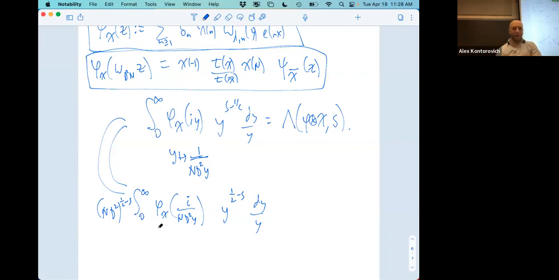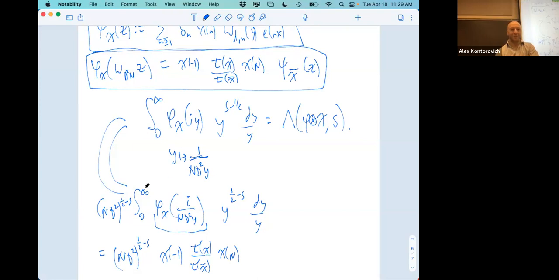But this thing, we just worked out what this thing is. This thing is this at iy. So this whole thing is n d squared to the half minus s times all of this, chi of -1, tau of chi over tau of chi bar, chi of n.